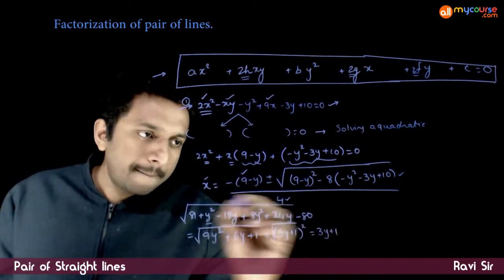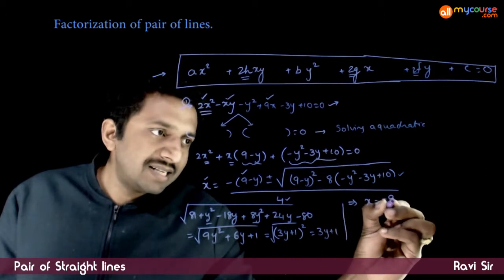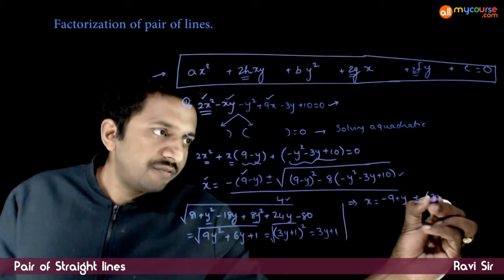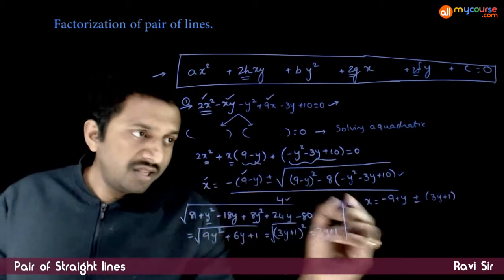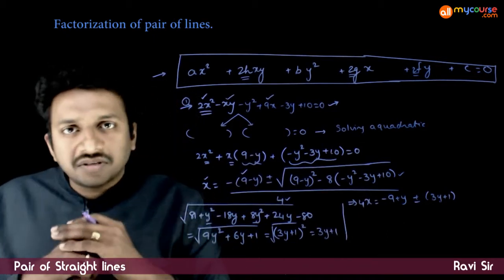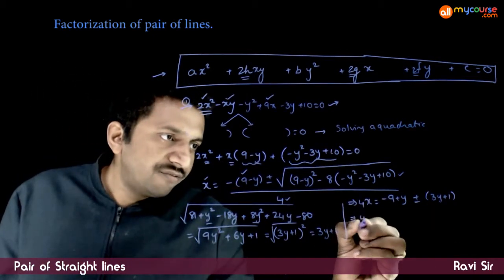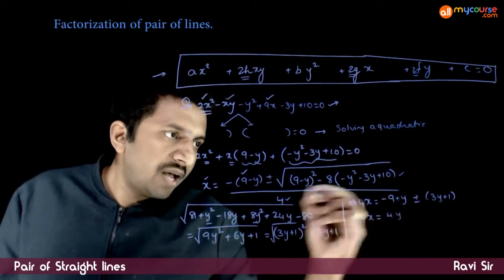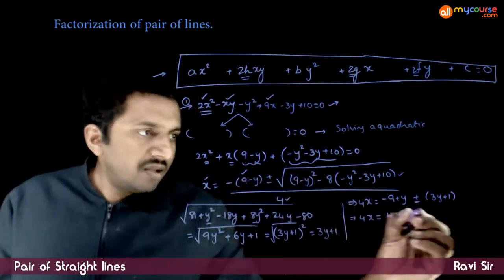So this implies x is equal to minus 9 plus y plus or minus 3y plus 1, divided by 4. So 4x is equal to this. If you take plus, 4x is equal to 4y minus 9 plus 1, which is minus 8.